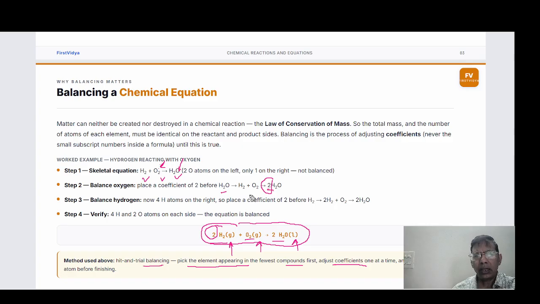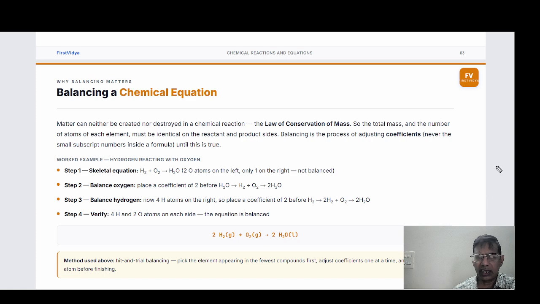We started with the balancing of oxygen atoms. In the final step we saw hydrogen is 4 on this side and here only 2, right? So we multiplied by 2, and finally this is the balanced equation. This is the hit and trial method, but there are some other methods that we will be seeing later on.